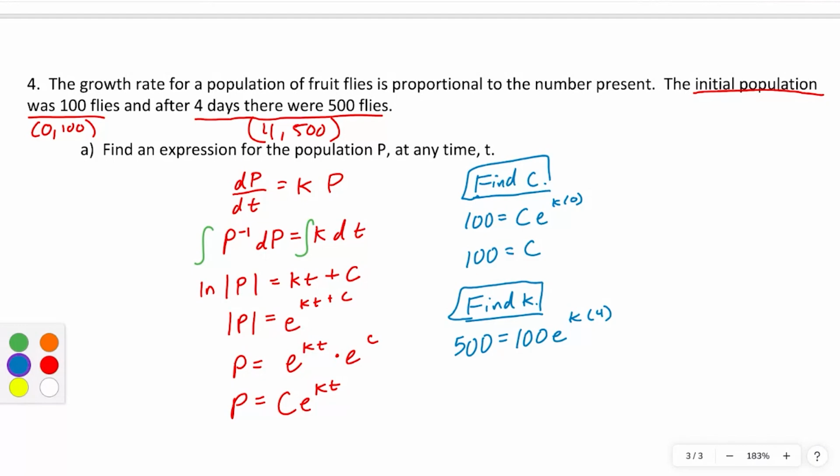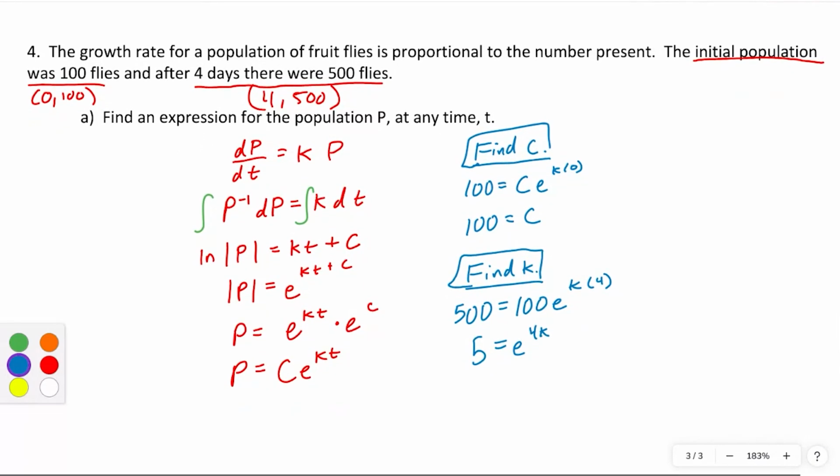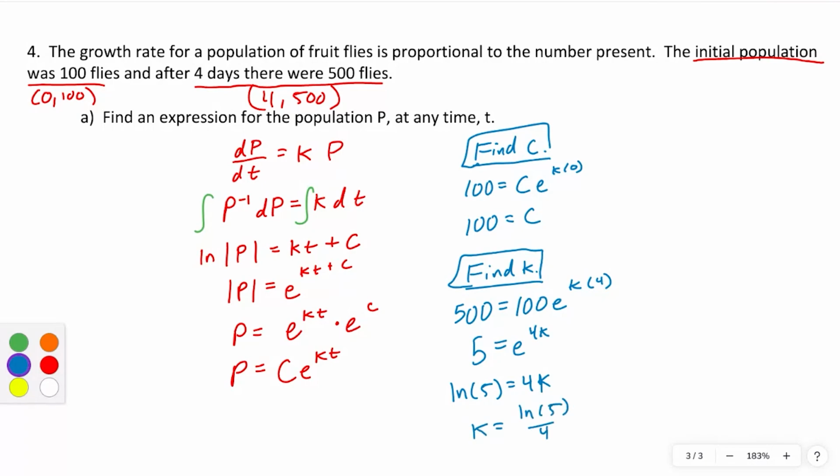Divide both sides by 100, get 5 equals e to the 4k. Take the natural log of both sides, and divide both sides by 4. So we get the natural log of 5 over 4 as our k value.